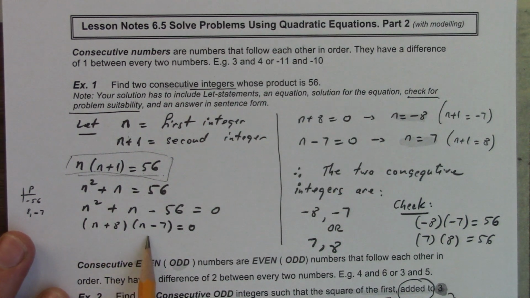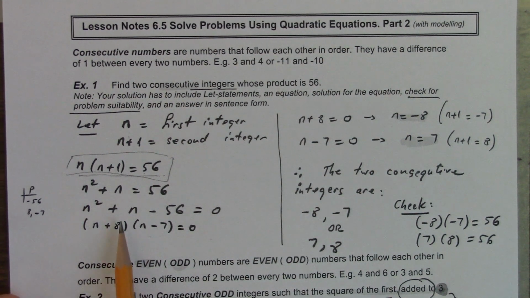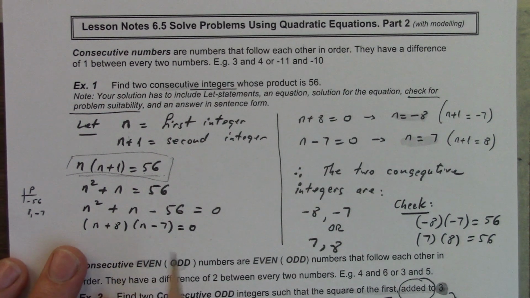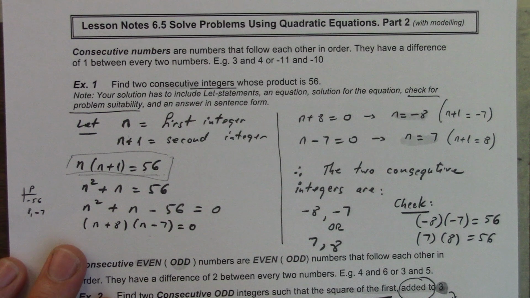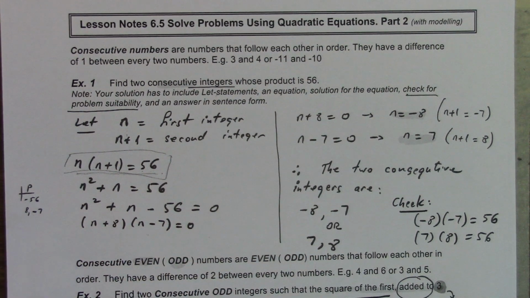Hopefully, after all that factoring you did for your bonus marks, which most of you did, this is a pretty easy factor. Now we have this. I've gone over this in extensive detail, but this results in two equations: n plus 8 equals 0 and n minus 7 equals 0. Why is that?